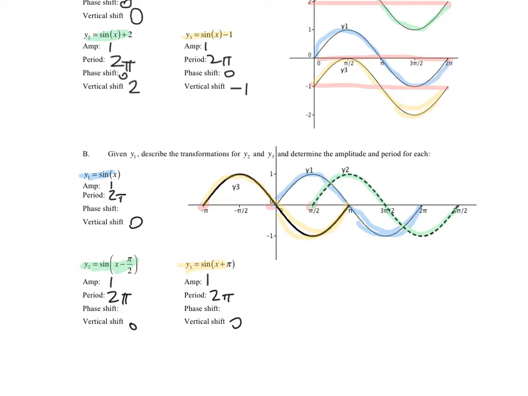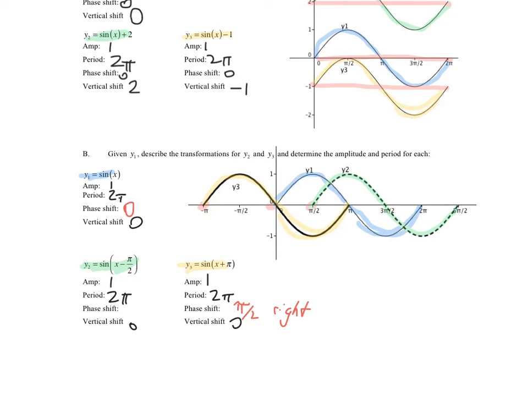So where are those phase shifts going to be? Well, for the first graph, it starts at 0, so that's what we put. The phase shift for y2 is pi over 2 right. So we're going to write that out. That way it's just clear communication, and I think that's the best approach to do with this.